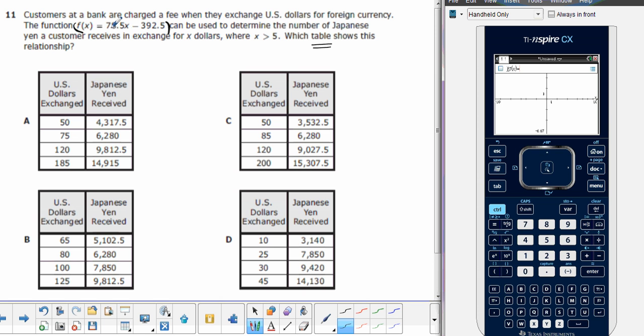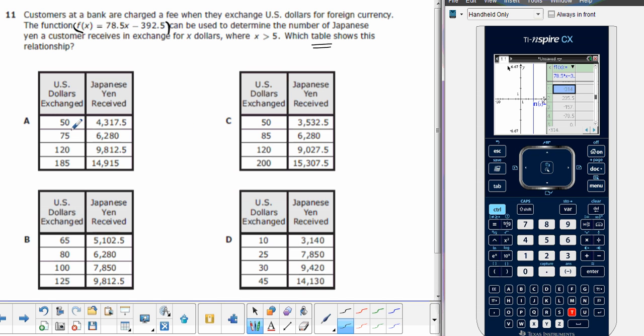You graph it first, then you do Control T. So you put your equation as you see it, 78.5x minus 392.5. Now you're gonna graph it, then Control T for table.